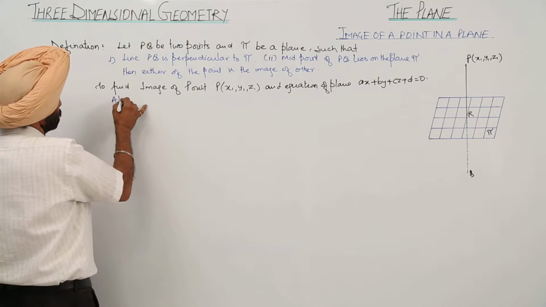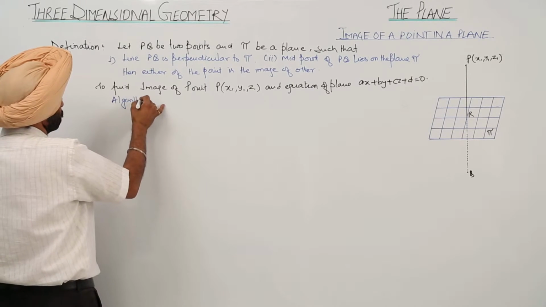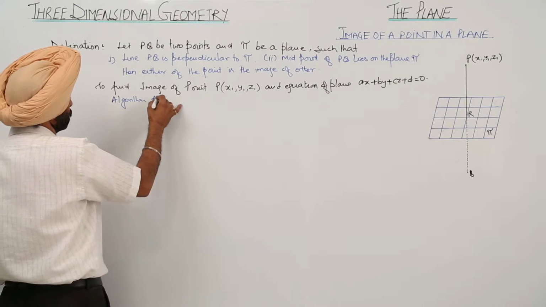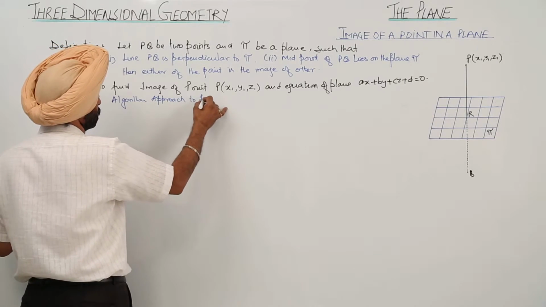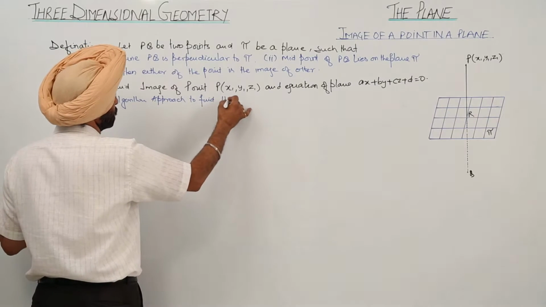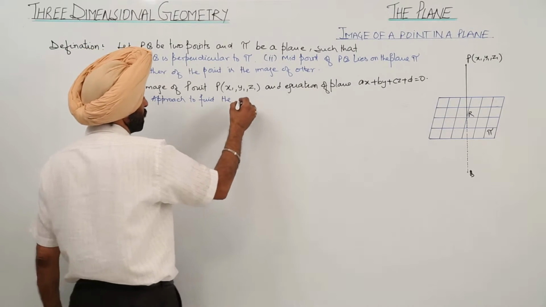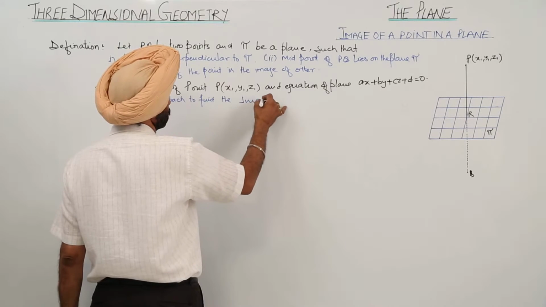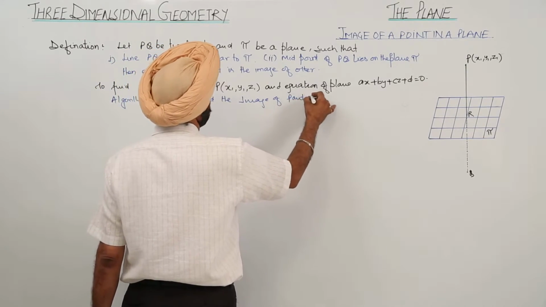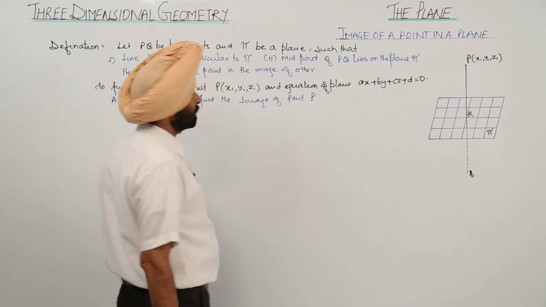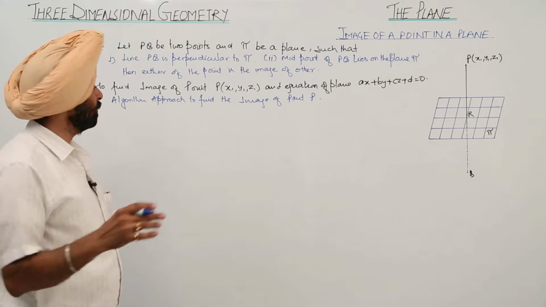Algorithm approach to find the image of point P, or we can write it, to find the coordinates of the point Q.